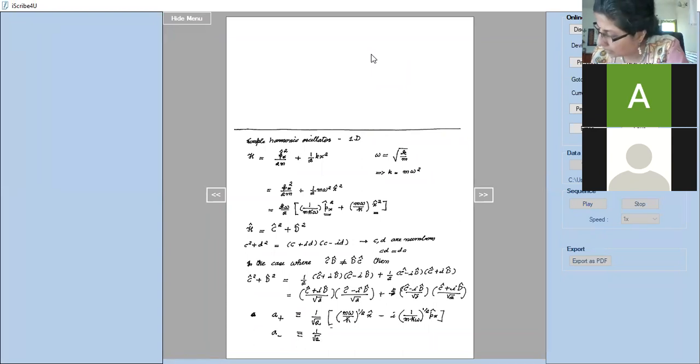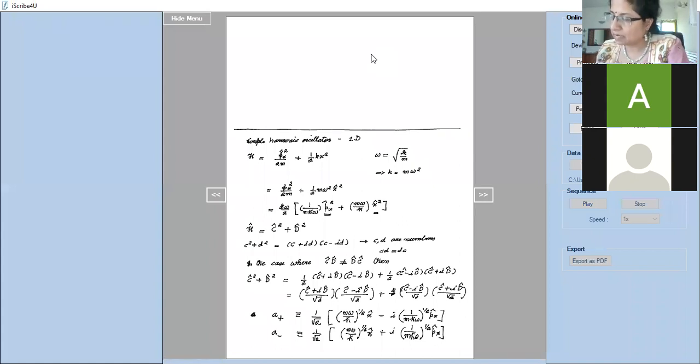And that is 1 by root 2, and here you have m omega by h cross power half x plus i, 1 upon m h cross omega power half px. You define these two, and then what do you get?